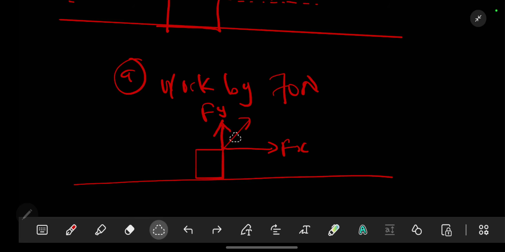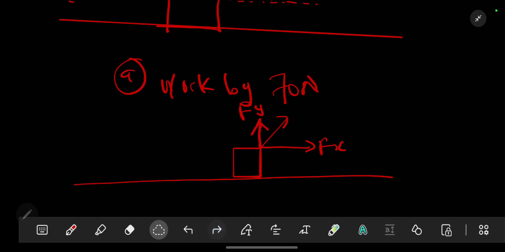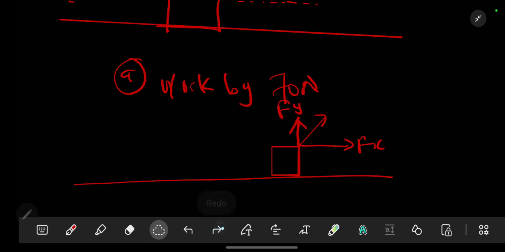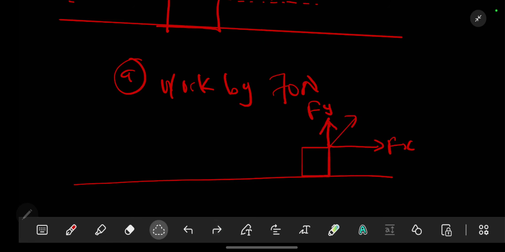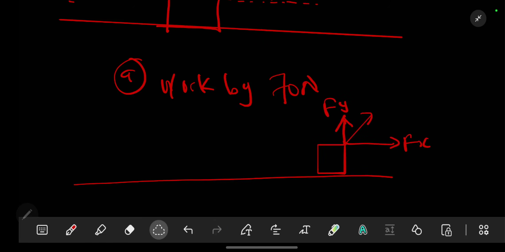If it is acting at a diagonal angle, it means it has a y component, meaning there is a force that is trying to push up like that, and there is an x component. But if this block only moves along the x-axis, all its work is in the x direction.